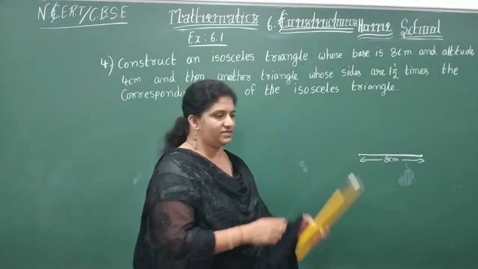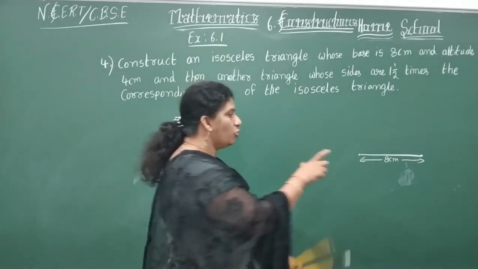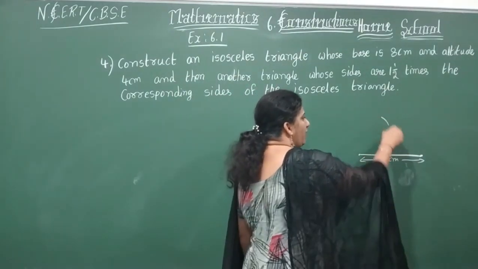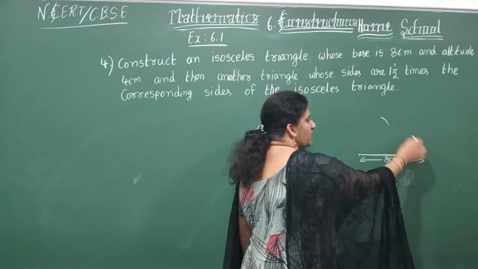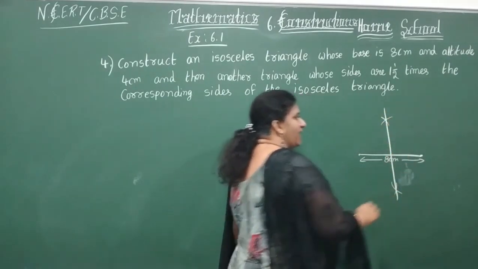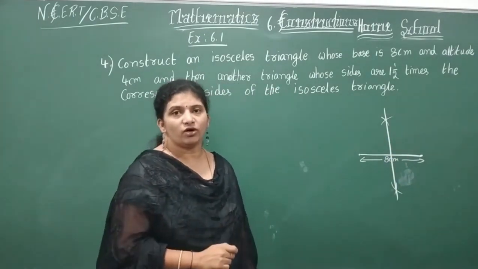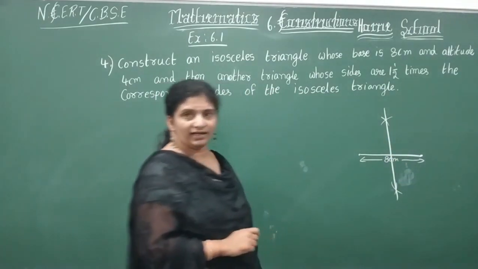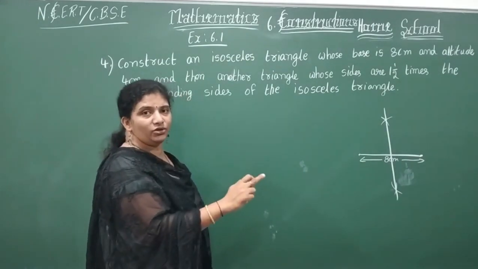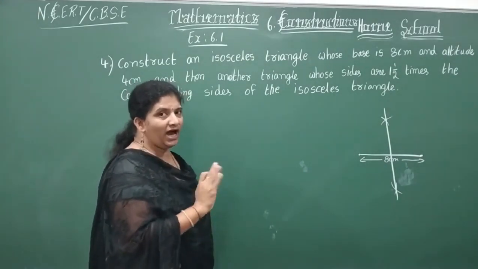For that reason, take your compass. More than half. Okay, more than half. Draw an arc above and an arc below. From here, cut the arc and draw the perpendicular bisector. Now next thing, what do you need to do? What is the height of the altitude, children? This bisector divides a line segment into half.